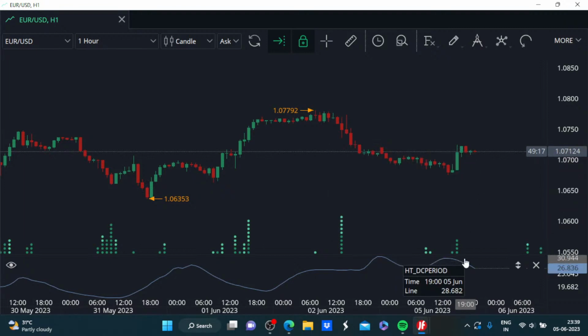So that pushed the HT dominant cycle period, which was indicative of the bearishness, to decline, simply telling us that the existing prior bearish trend is now showing signs of fatigue and is likely to end, and we will do well to keep that in mind and plan our trades accordingly.